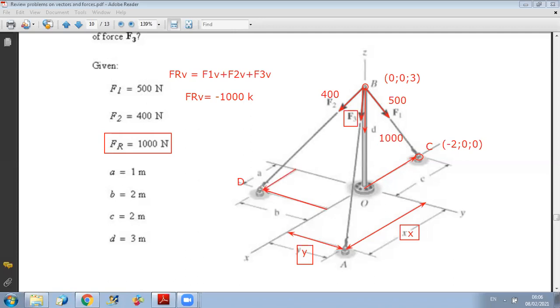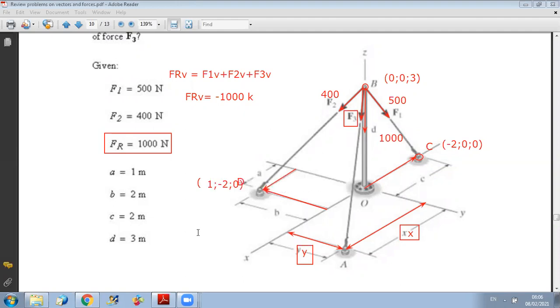A and B are given. So I can say that the coordinates of point D are: along X plus A, which is 1, and along Y minus B, which is -2. So it's 1, -2, and 0.